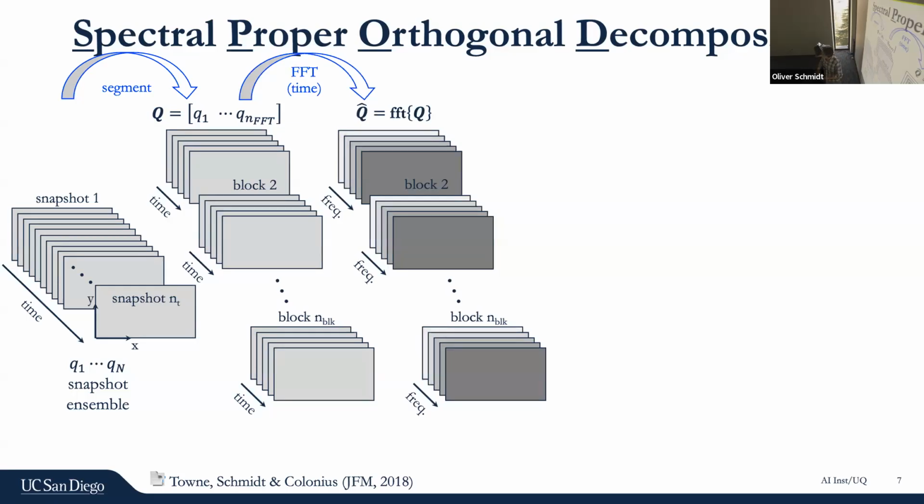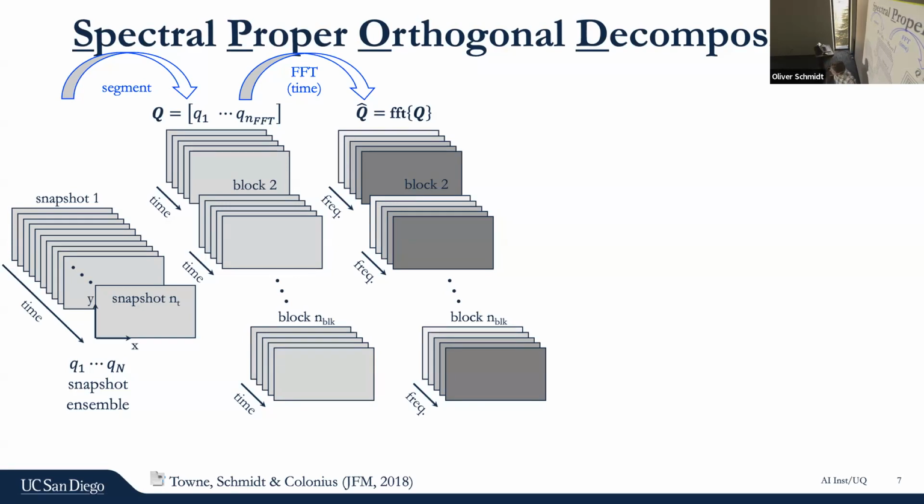What we're leveraging here is the ergodicity of this process, right? So now we're taking the Fourier transform of each of these blocks individually. So we get the number of frequencies that corresponds to the number of snapshots we had in each of these. Divide this by 2, minus 1 or not, depending on even or odd, to get just positive or negative frequencies.